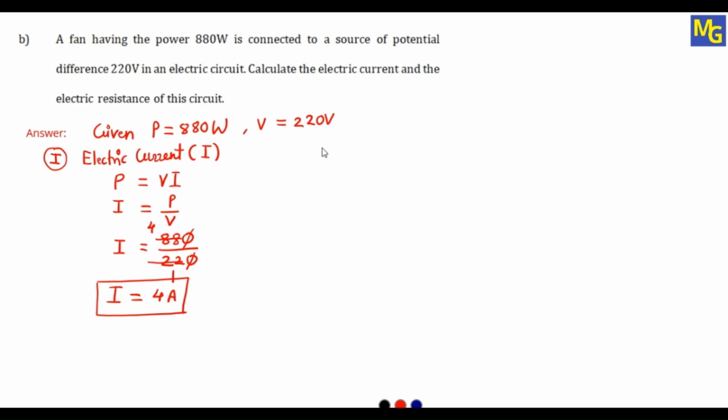So therefore now I'll write it here second, electric resistance. So according to Ohm's law, so we are going to use here Ohm's law formula.